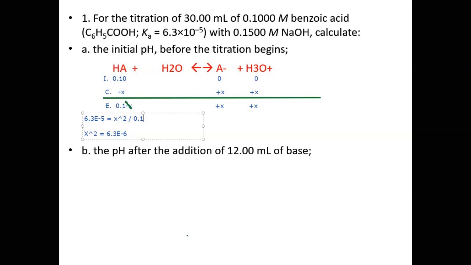Now we take the square root. So x equals 2.51 e to the negative 3, which equals the hydronium ion concentration. Now we can find the pH.